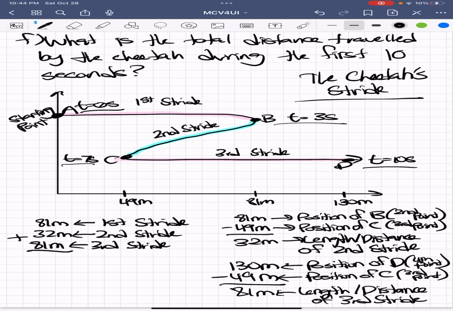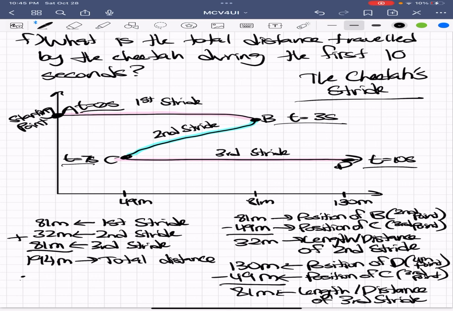So, we have 194 meters. If we add up 81, 32, and 81, that's going to be 194 meters. And that's the total distance that the cheetah traveled during the first 10 seconds.